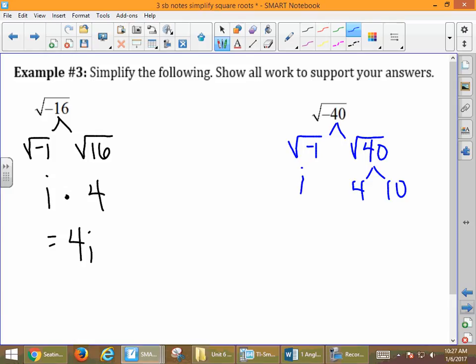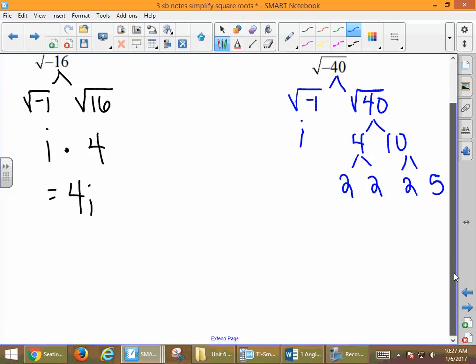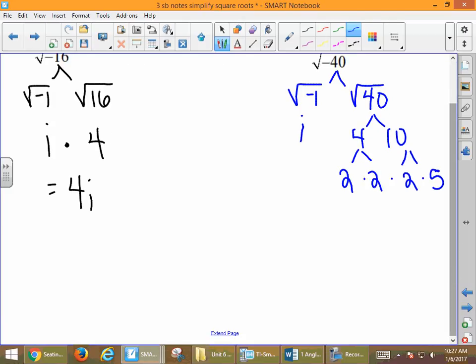It doesn't matter. 4 is 2 times 2. 10 is 2 times 5. And we need 2 of the same value to take out 1. So we're going to take out a 2. We still have 2 and a 5. Those are both singles. Those are going to remain underneath the radical. 2 times 5, which is 10.